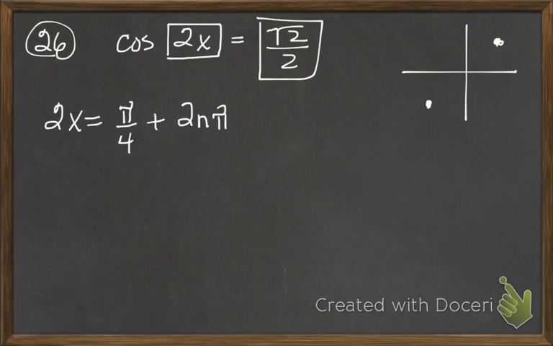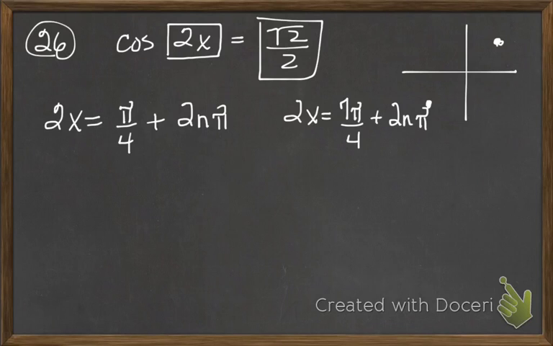So that's why we're going to have to add 2 pi every single time to get all of our answers. We also have a second equation that says 2x is equal to 7 pi over 4. And again, we're going to have to do plus 2n pi because cosine and sine have a period of 2 pi. That's going to give us all the angles. There's an infinite number of angles there. That's why you have to do plus 2n pi. 2 pi comes from sine and cosine.